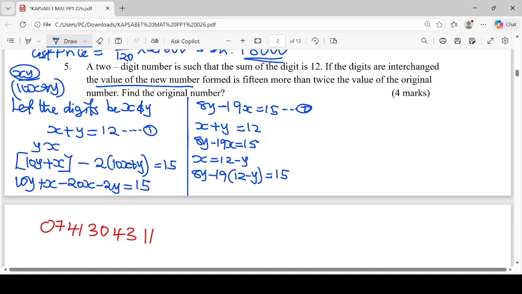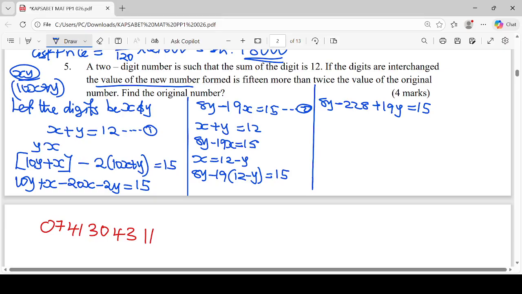We are going to have 8y. Negative 19 times 12 will be negative 228, then plus 19y is equal to 15.